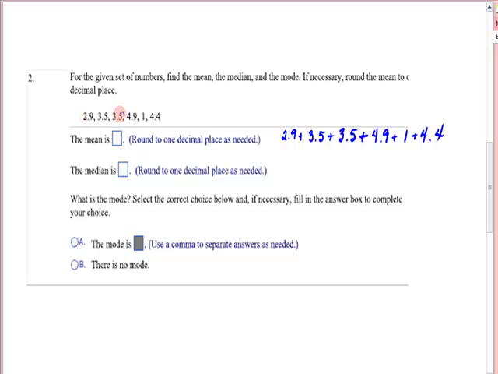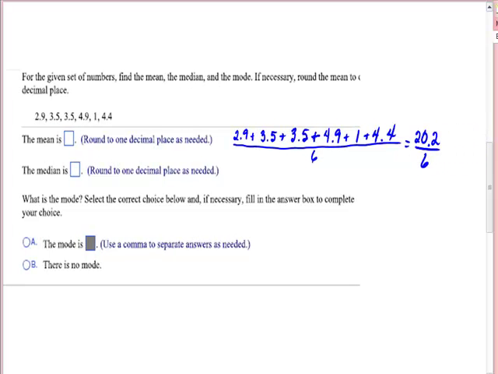I'm going to take those and divide them by 6. If I got those correct, I got 20.2, and I need to divide it by 6.